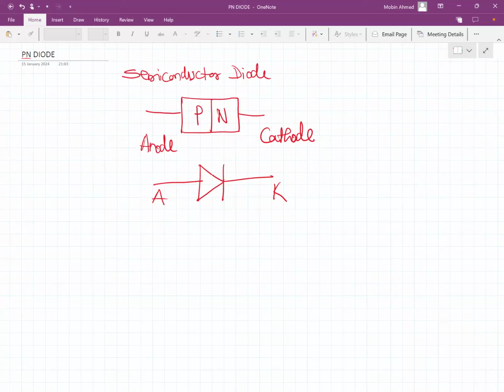Now, how are we making this one? Or when we are going to make it, what is happening? First of all, we take a single piece of Si or germanium semiconductor.